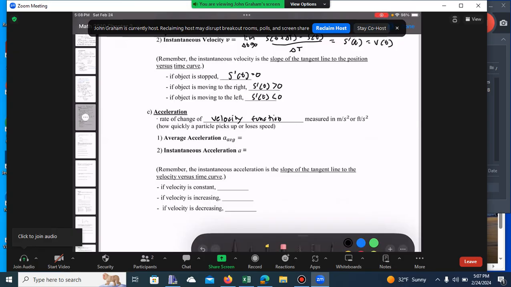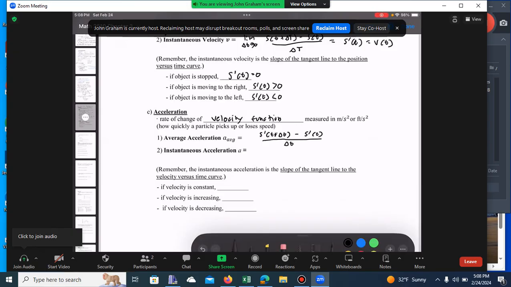The average acceleration is s prime of t plus delta t minus s prime of t over delta t.